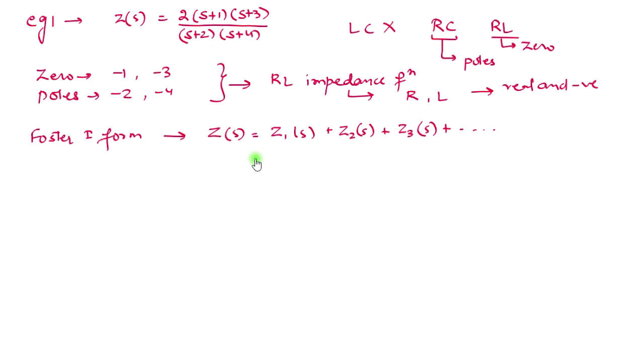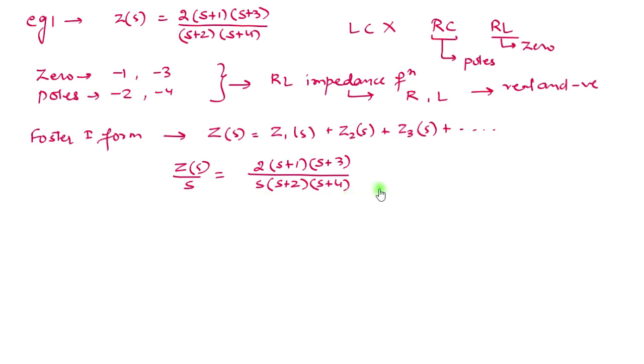So what do I need to do? I need to divide this Z(s) by s, and we have this property that if the residues of Z(s) are coming to be real and negative, then we will find Z(s) by s. Now the residues of Z(s) by s will come out to be positive.